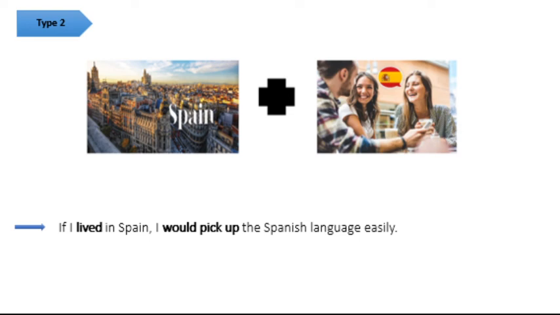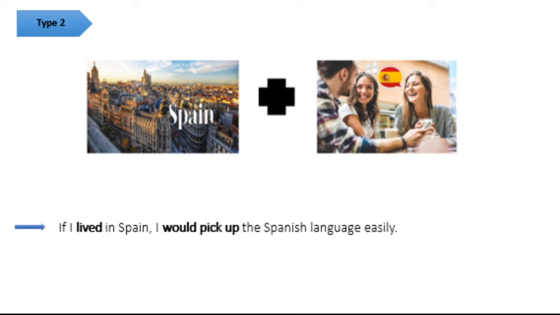So the condition here for me to pick up the Spanish language easily is to live in Spain. And the result of living in Spain is being able to learn the Spanish language more easily. So if I lived in Spain, I would pick up the Spanish language easily.